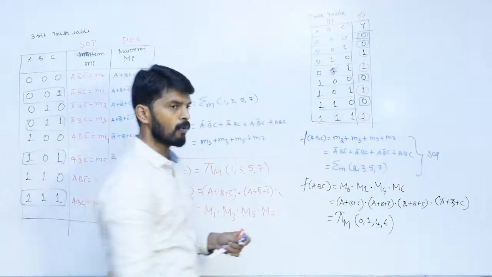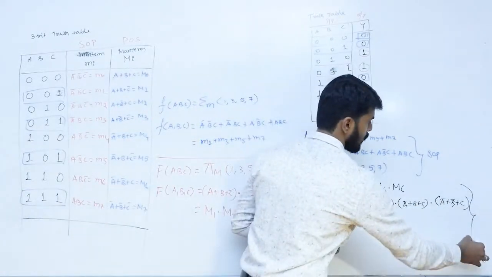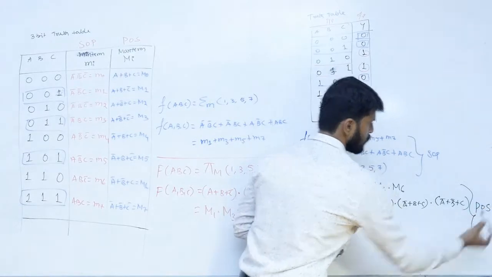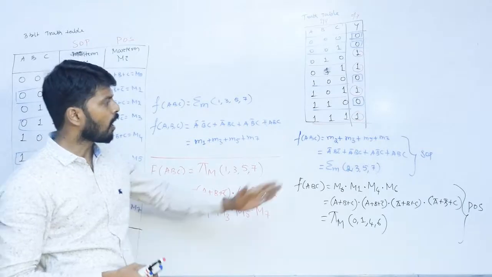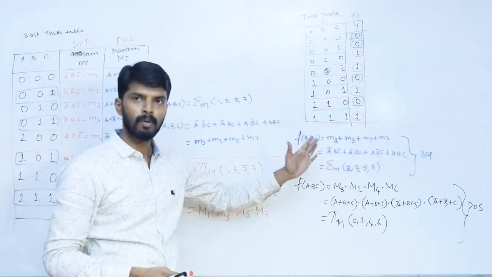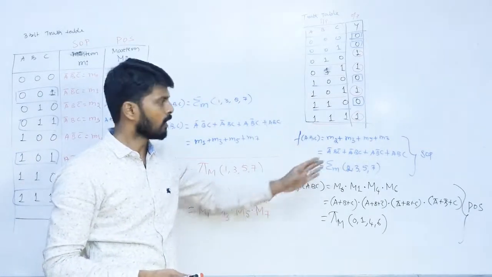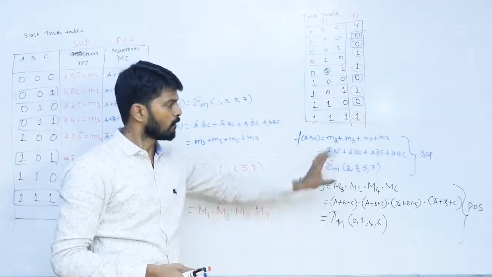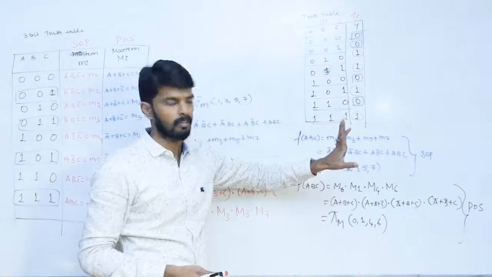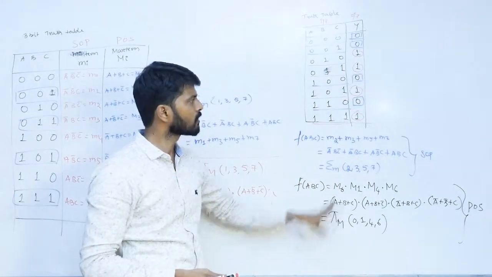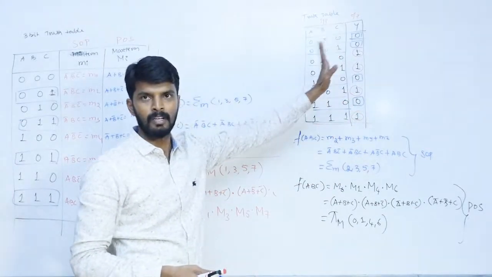See, this is how we are going to represent it. This is actually a POS equation with the help of the truth table. So now we learned how to write the Boolean equation with the help of a truth table in the SOP form and the POS form. If I want to write an SOP equation, the interest is only whichever the output is 1. If I want to write a POS equation, the interest is whichever the output is 0. Is this clear?